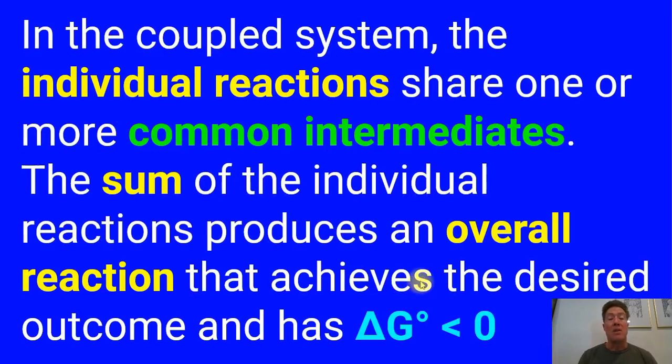Often they'll have a common intermediate if the reaction is coupled, and we can total up Hess's law, right? We can take the total of the individual reactions to get the overall enthalpy, and as long as the delta G is negative, it will overall be a thermodynamically favorable process.